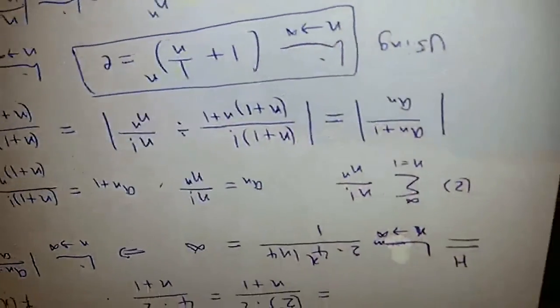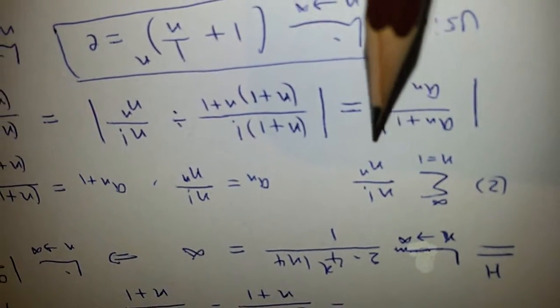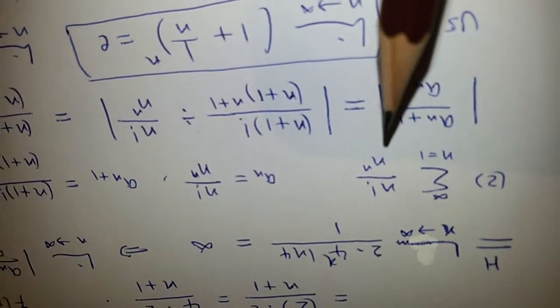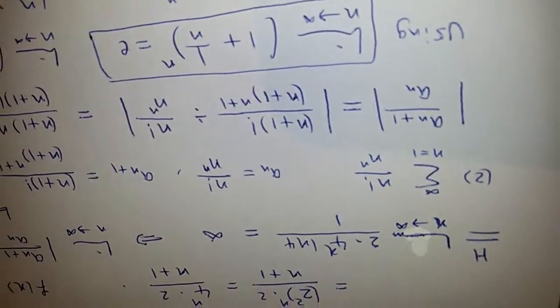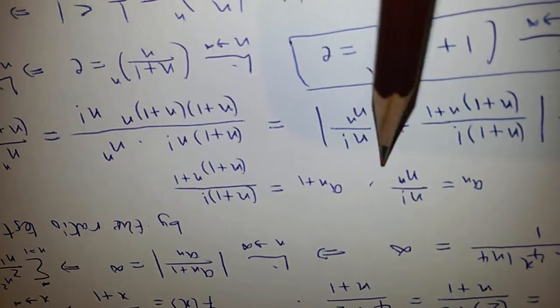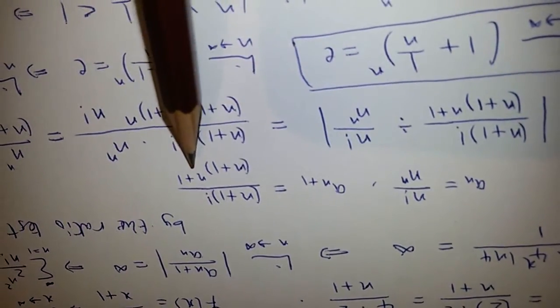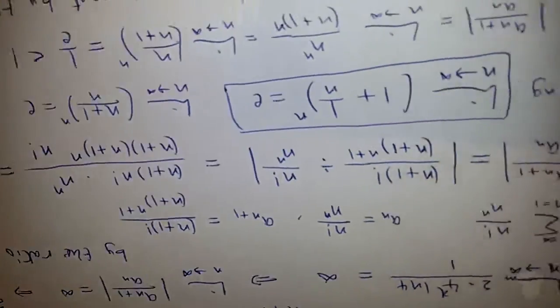Second example, we will have a look at this series. You have again a factorial and n to the power n, so the best test to use is the ratio test. This a_(n+1) would be replacing each n by n plus 1, so you'll have (n+1) to the power n plus 1 and (n+1) factorial. Now divide a_(n+1) by a_n.